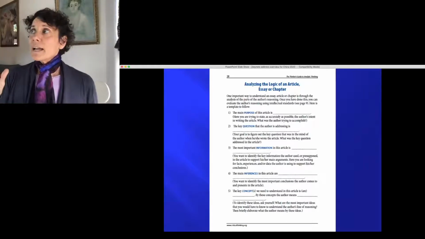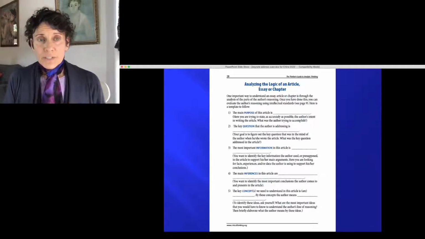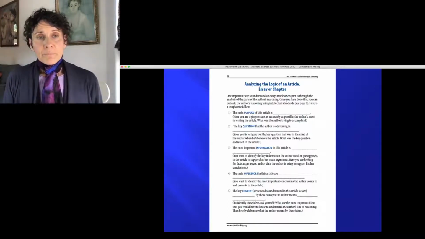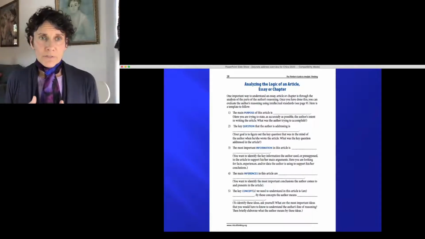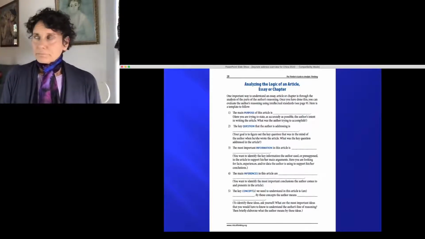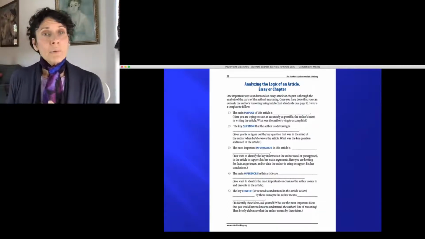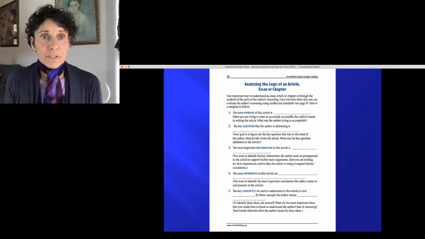Here is one way. This is a template that is often used with students in classrooms where faculty are advancing understanding of the elements of thought. Note the simplicity and note the details. We can take an essay, an article, a chapter, and we can have our students do this again and again. We can ask them, what is the main purpose of the article?